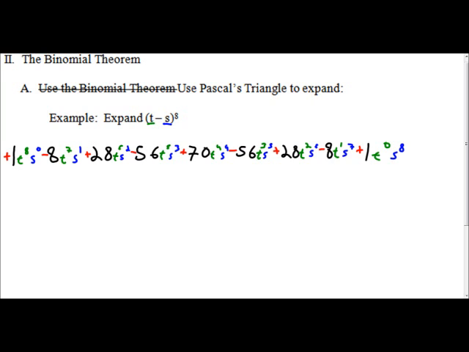Kind of looks like a big jumbled mess, but at this point we're ready just to combine everything and solve it down.